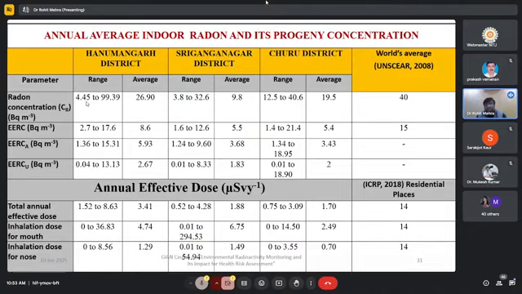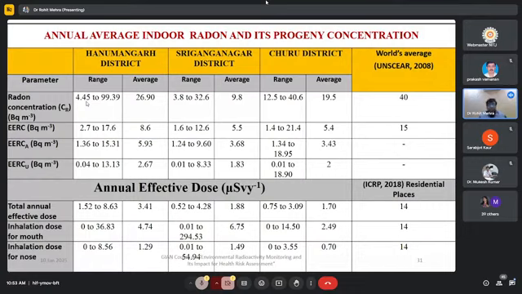EEC is basically the equivalent equilibrium radon concentration. EEC values are generally calculated with the help of a parameter, because it gives the actual results related to the parent itself, not including the progeny factors.